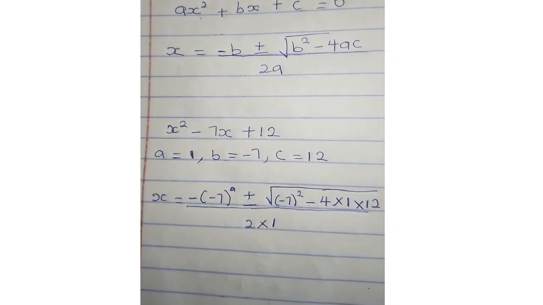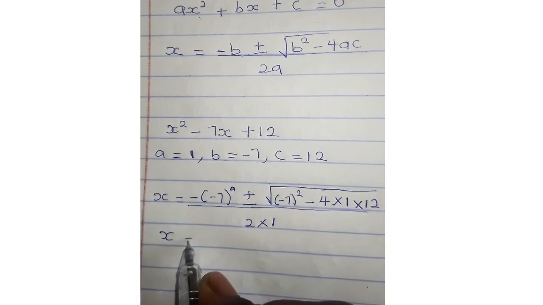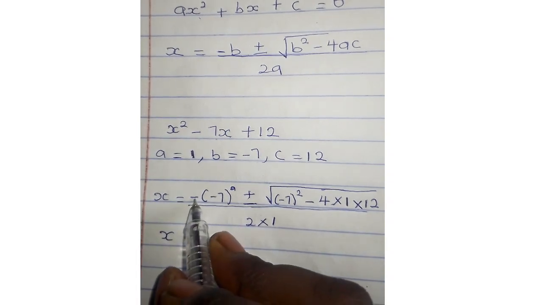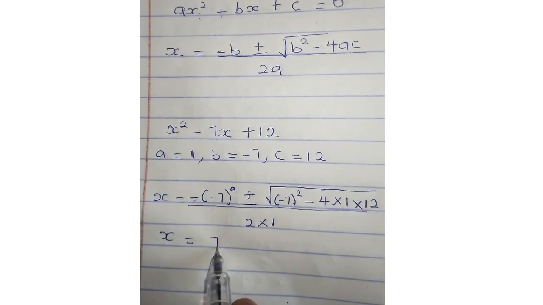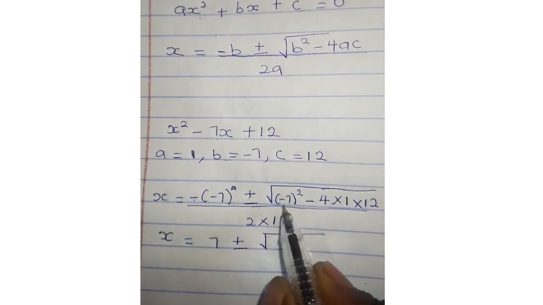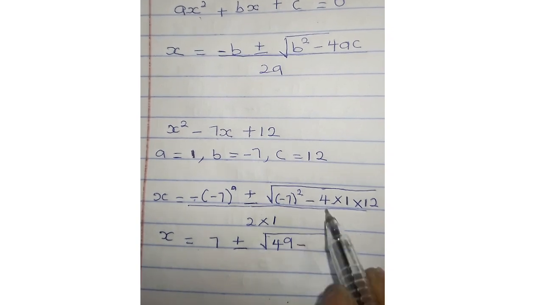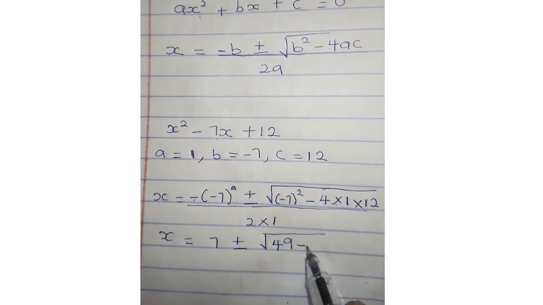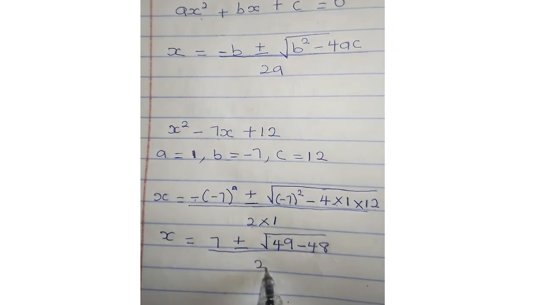When a negative sign multiplies a negative sign, it becomes positive, so we have 7 plus or minus the root of: minus 7 squared is 49, minus 4 times 1 times 12, which is 48, all over 2 times 1, which is 2.